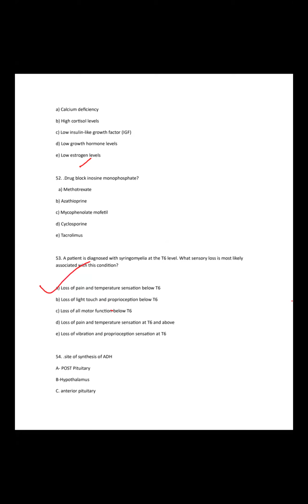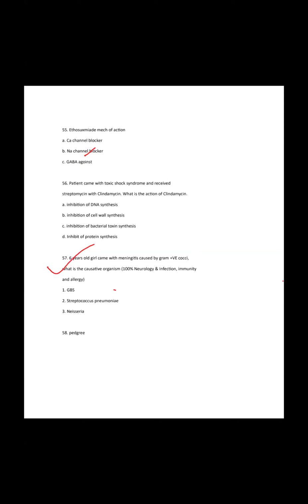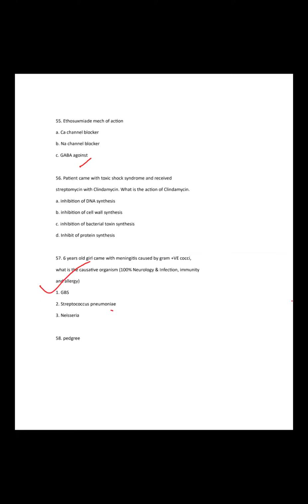The site of synthesis of ADH is the hypothalamus, and then it goes to the posterior pituitary for storage. Ethosuximide mechanism of action: ethosuximide is a calcium channel blocker.